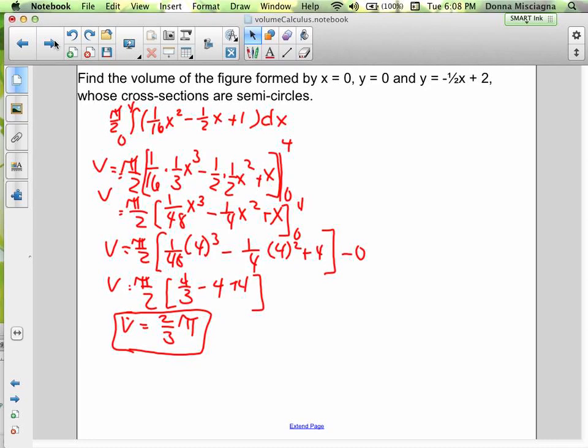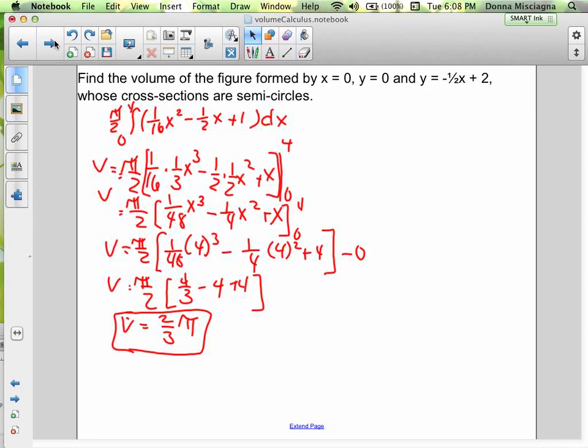So we have pi divided by 2, and then we integrate 1/16 x squared. That's going to become 1/48 x cubed, and then minus, that's going to become negative 1/4 x squared, because we increase by 1, and then plus x. Now I just plug in, minus 0.